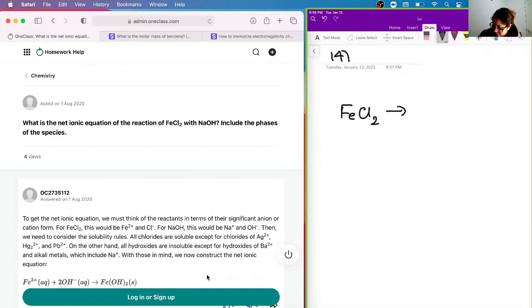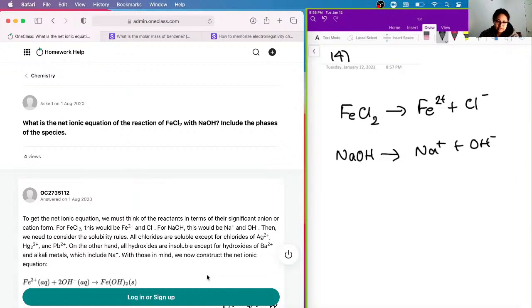You would have Fe2+, right? And for NaOH, sodium hydroxide, you would have sodium plus OH minus, right? And then we need to consider the solubility rules.